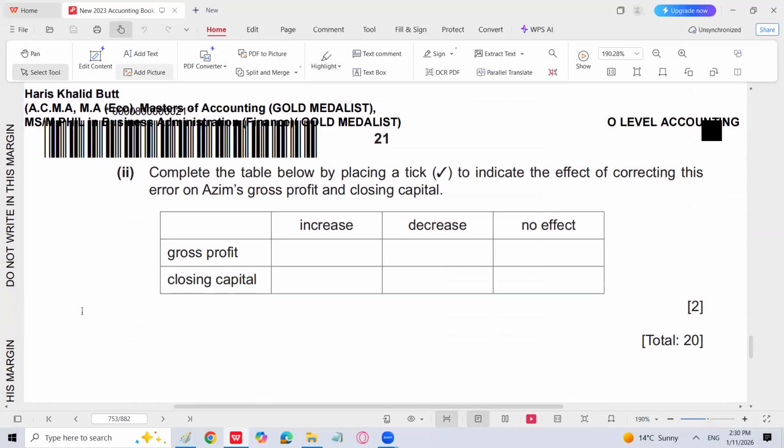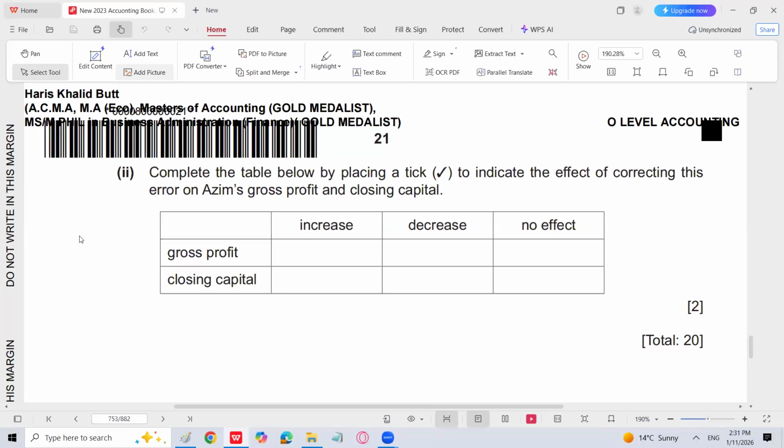Complete the table below by placing a tick to indicate the effect of correcting this error on Azim's gross profit and closing capital. Drawings to purchases, which is not recorded, right? Correcting the error: when we pass drawings debit and purchases credit, closing capital will decrease, obviously, right? And the other part is that purchases is going to be credited, which we haven't done.